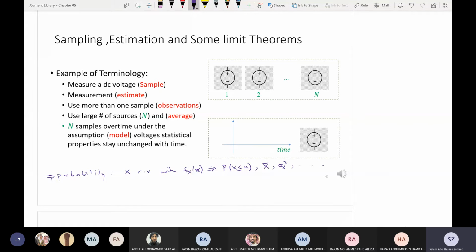So we define a random variable according to a certain experiment. We assume that we know the PDF, and we have talked about so many different PDFs. And then we calculate these probabilities, moments, and so on.